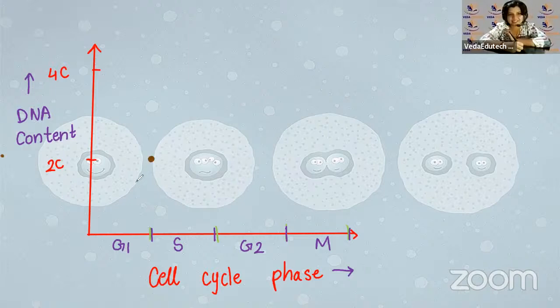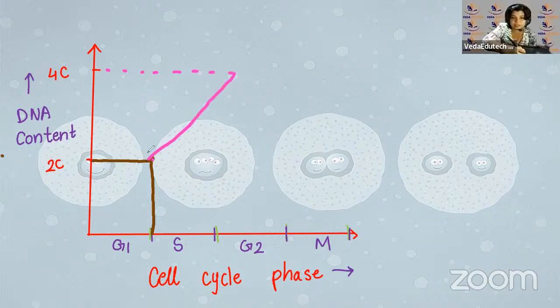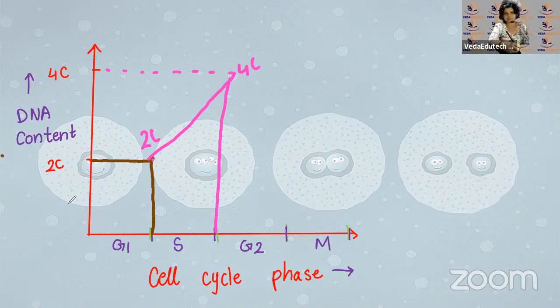But when we go to S phase, we have to double the amount of DNA, so we increase it from 2C to 4C. In S phase, DNA goes from 2C to 4C. In G2, we don't do anything with the amount of DNA, so it stays at 4C.